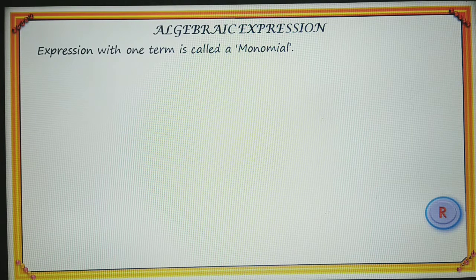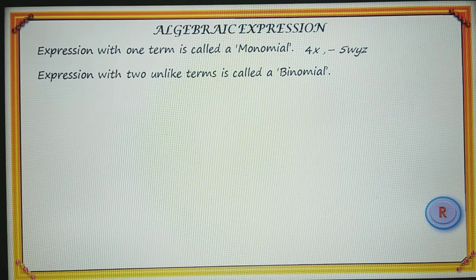An expression with one term is called a monomial. For example, 4x, minus 5wyz. An expression with two unlike terms.